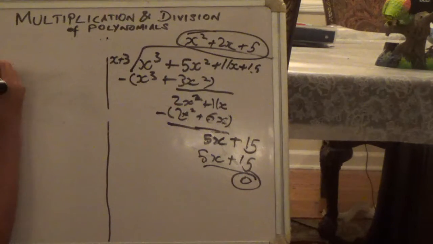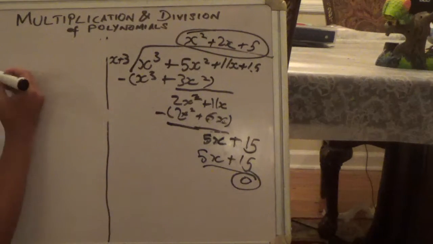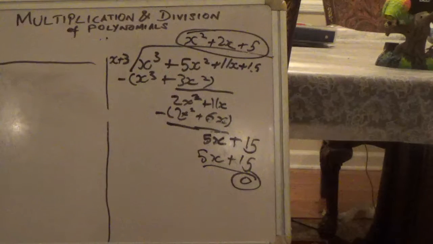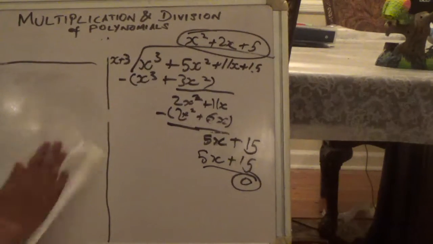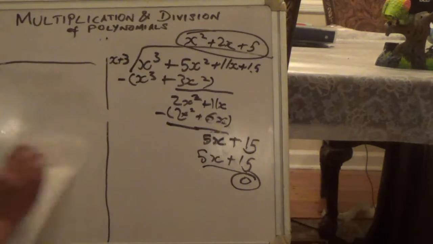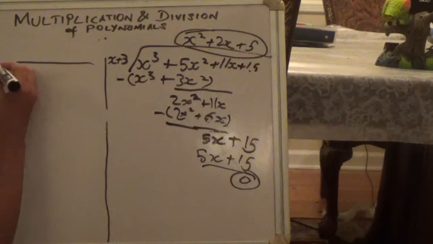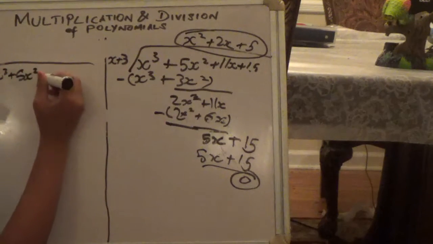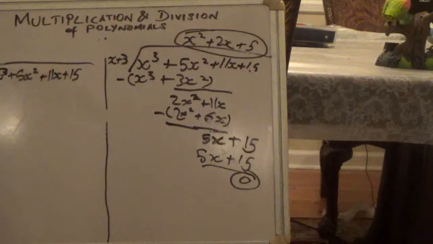Let's divide x cubed plus 5x squared plus 11x plus 15 by x plus 4. Doesn't look like, I have a feeling it's not going to be a nice happy remainder.